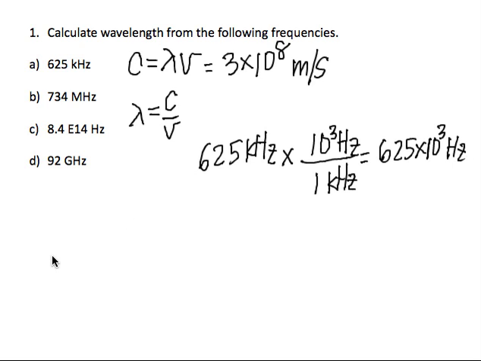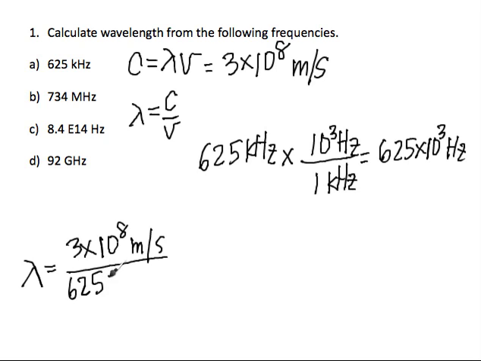So now we can calculate the wavelength using our equation. So lambda equals 3 times 10 to the 8th meters per second over 625 times 10 to the 3 hertz.